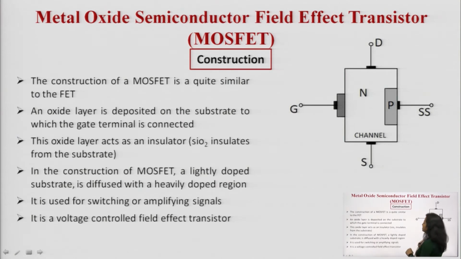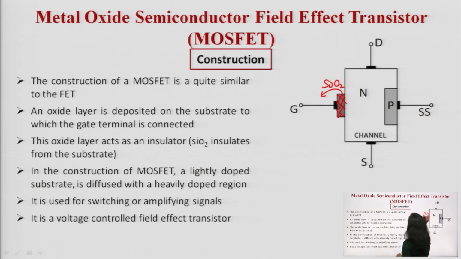Now let us discuss the basics of the MOSFET. If you see the construction of the MOSFET, it is very similar to the FET, field effect transistor. Here you can see an oxide layer. Here an n-type substrate is being taken. Upon this n-type substrate, a P region is being created, and in between this substrate and gate is a layer of SiO2, an oxide layer.